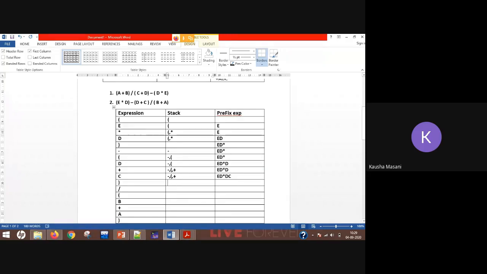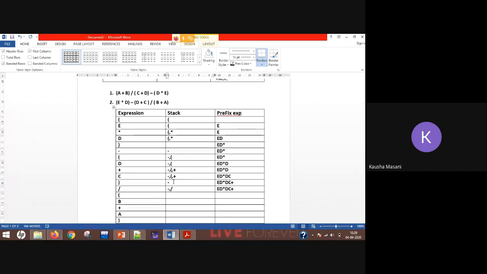So minus will remain, ED star DC plus. Okay, then there is divide sign. Now minus is not having the higher precedence than your divide, so divide is going to remain as it is there, ED star DC plus.